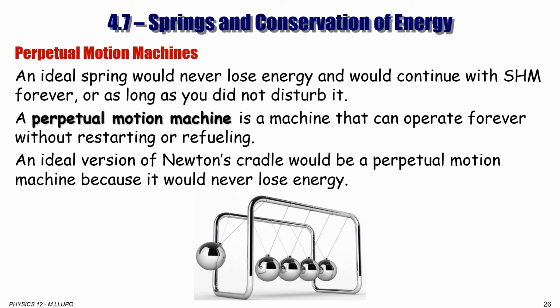A perpetual motion machine is a machine that can operate forever without restarting or refueling. An ideal version of Newton's cradle would be a perpetual motion machine because it would never lose energy.